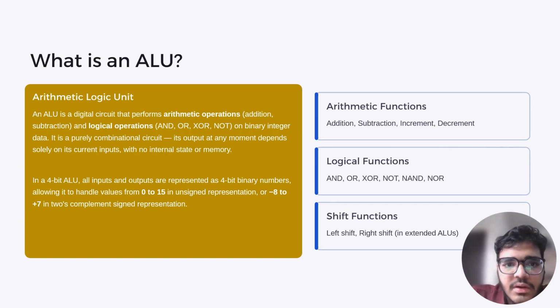In a 4-bit ALU, both input and output values are 4-bit binary numbers. This means it can represent numbers from 0 to 15 in unsigned form. The arithmetic functions are addition, subtraction, increment, decrement; the logical gates are AND, OR, XOR, NOT, and NOR; and there are shift functions like left shift and right shift.